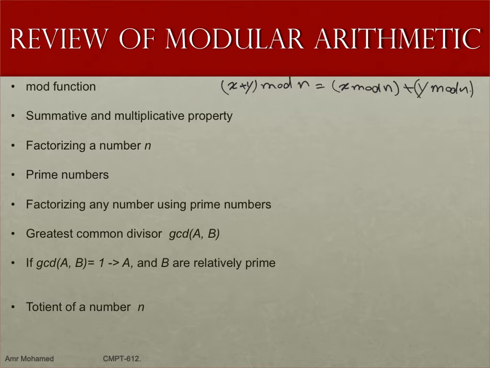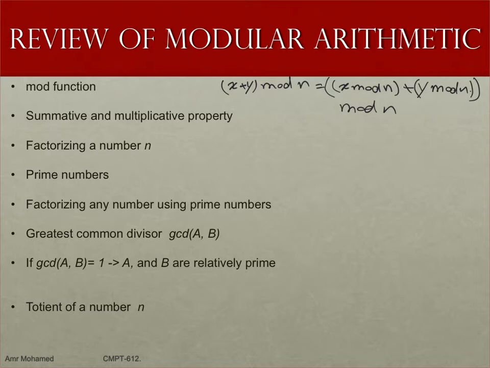But the problem is that when you get this summation, the summation might be above n. So you have to say this whole thing mod n again. So that's the summative property. This is very important.